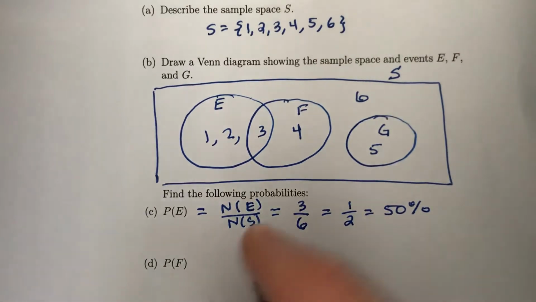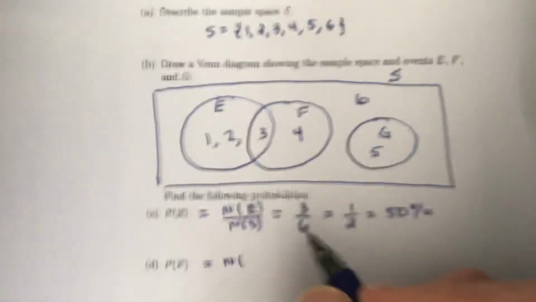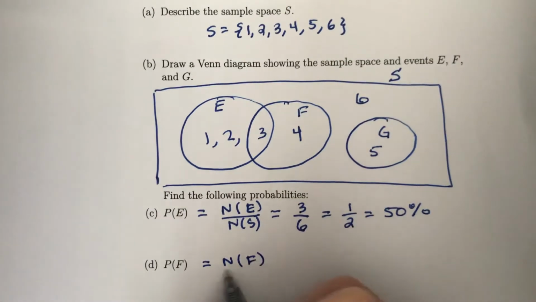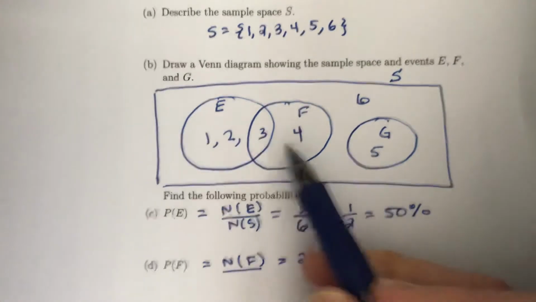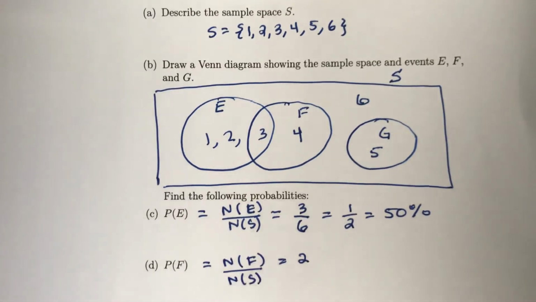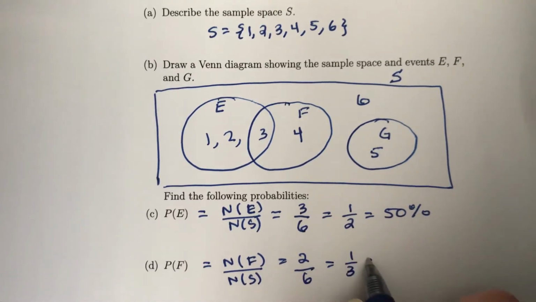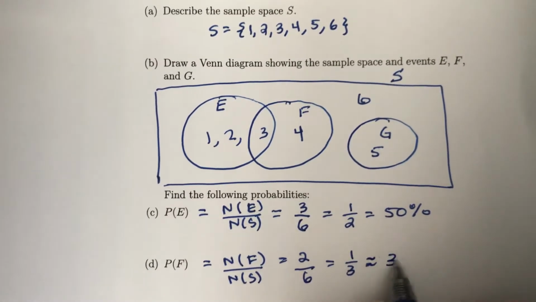The probability of F is the number of ways that F can happen, and that's 2 different ways, because you can either get a 3 or 4, divided by the total number of things that could happen. You could have 6 different things happen. So that's 2/6, which reduces to 1/3, and you can use a calculator to see that that's around 33.3%.